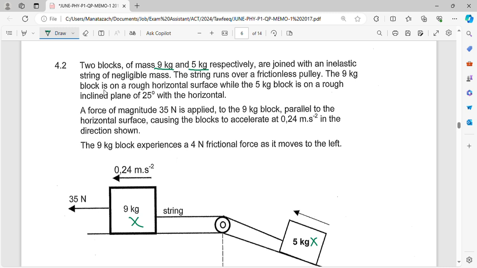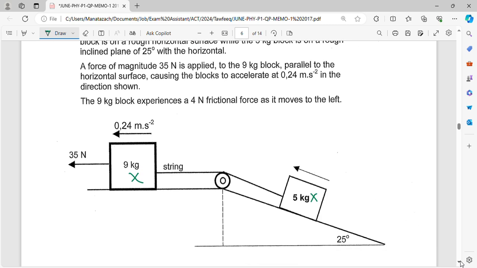So we're not going to consider friction due to the string. The 9 kg block is on a rough horizontal surface, while the 5 kg block is on an inclined surface at 25 degrees. Here is the angle, 25 degrees to the horizontal. A force of magnitude 35 Newton is applied to the 9 kg block, here is the force, parallel to the horizontal surface, causing the block to accelerate at 0.24 meters per second squared, indicated on the drawing.